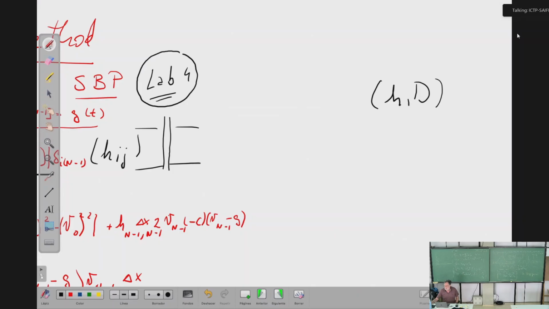But it depends on that. And it doesn't matter if the grid is like this or whatever, as long as the dx are the same, everything in the same direction is the same, then the H and the D's are okay, are the same. So you can use anything you want.